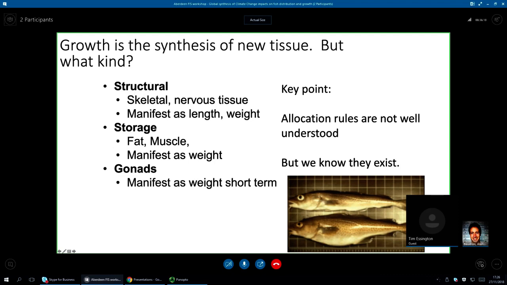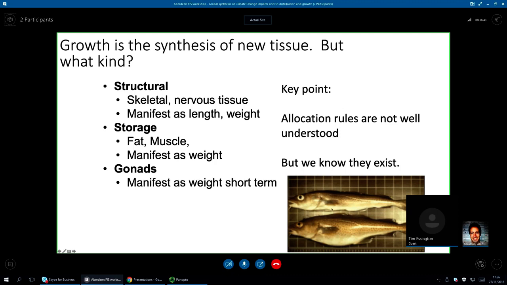Everything that we came up with, and then simulated for a fish exposed to a variable environment, came up with complete nonsense behaviors that we didn't really believe. So it was just really hard to come up with first principles for when it should allocate to structural tissues and storage. Yet, just on a common sense basis, we really know that they exist in some way.